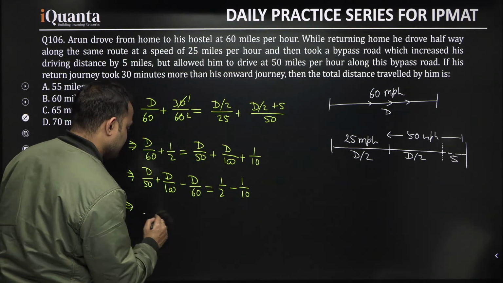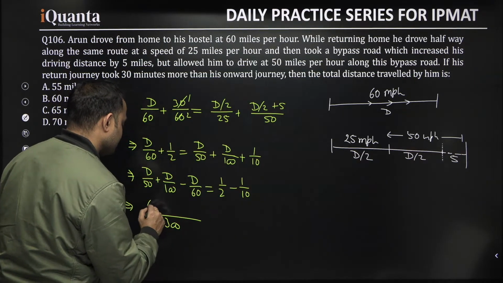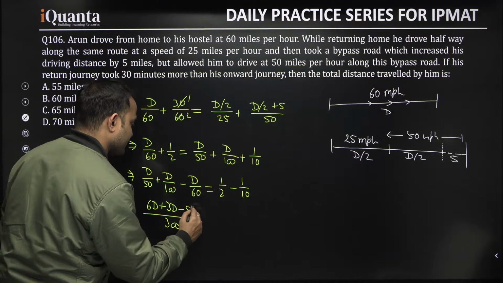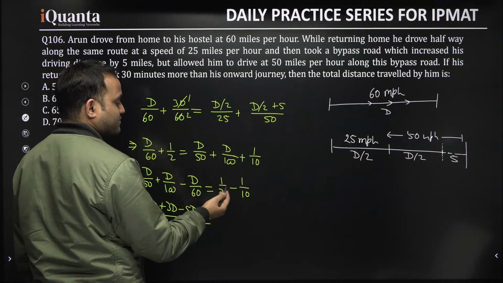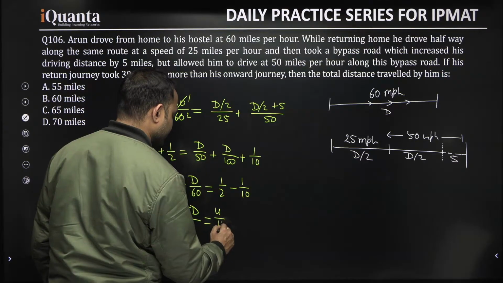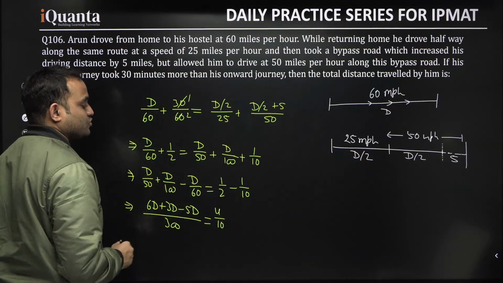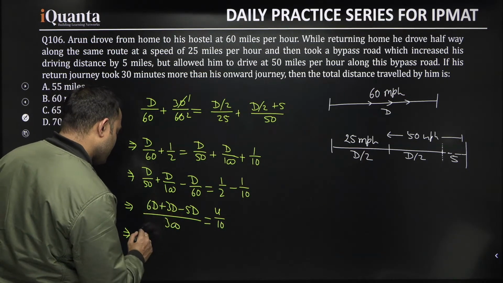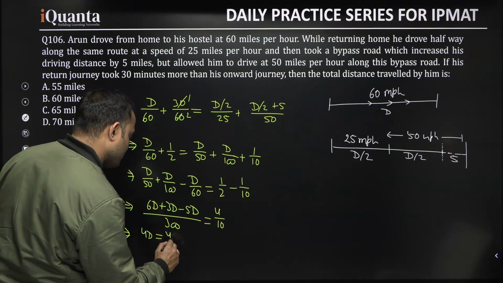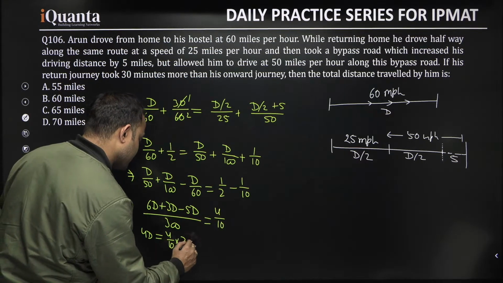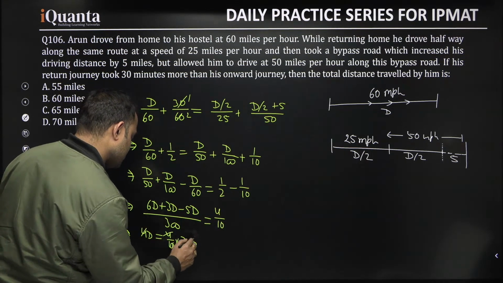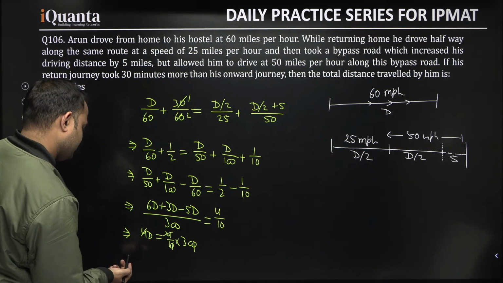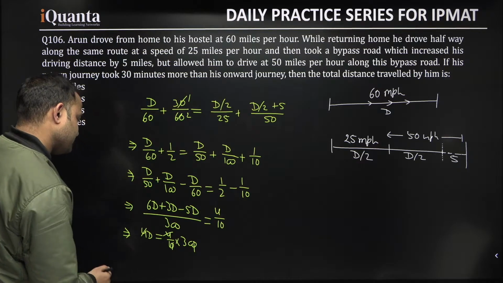The LCM that we can take is 300, 6d plus 3d minus 5d. This value is 5 by 10, so 4 by 10, right? This will be 4 by 10, 10 minus 2, 8 by 20, which is 4 by 10. Now we are getting 4d is equal to 4 by 10 into 300. This is cancelled out. D we are getting as, what's wrong with this?